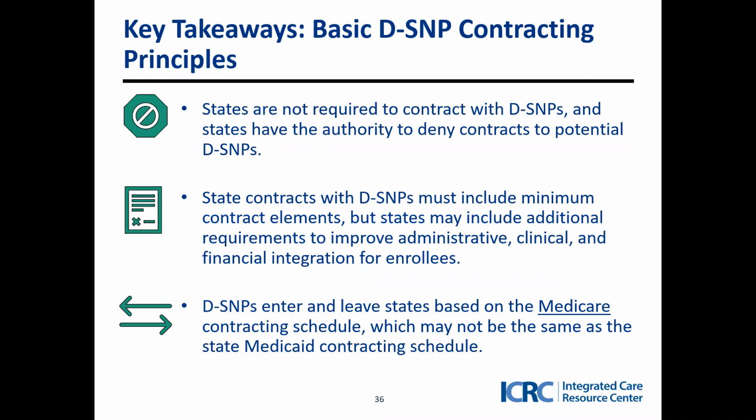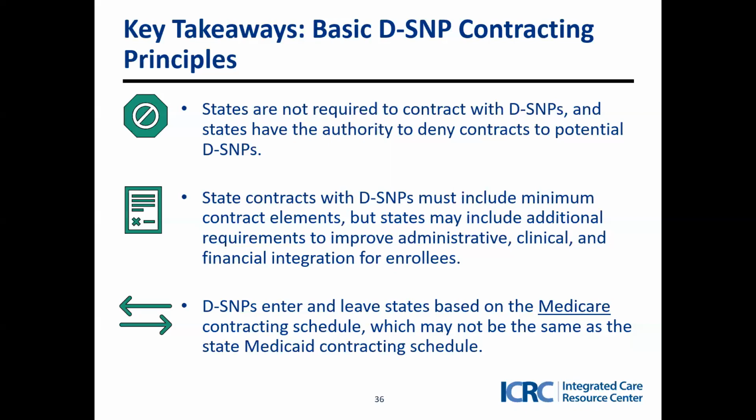So that is the end of the section on just some basic D-SNP contracting principles. Some key takeaways that I want to emphasize one last time are that states are not required to contract with D-SNPs, and that states actually have the authority to deny contracts to potential D-SNPs. State contracts with D-SNPs must include minimum contract elements, but states may include additional requirements to improve administrative, clinical, and financial integration for enrollees.